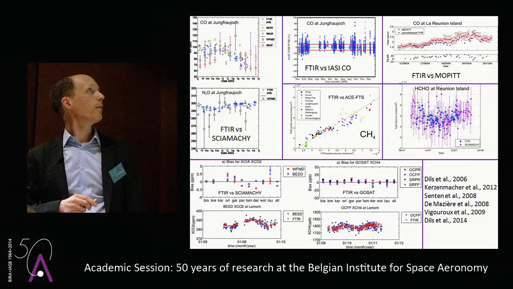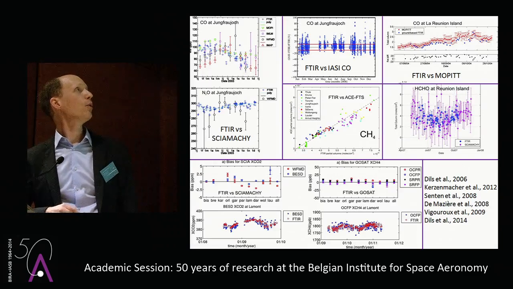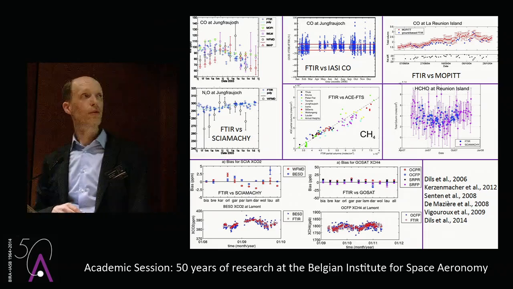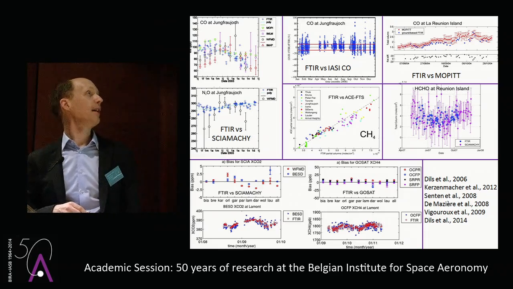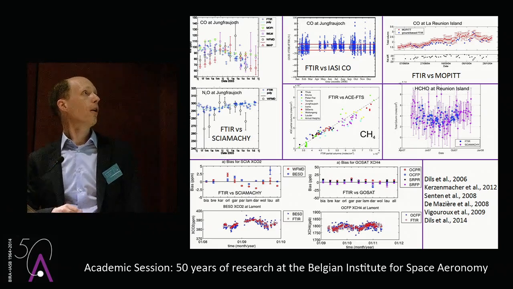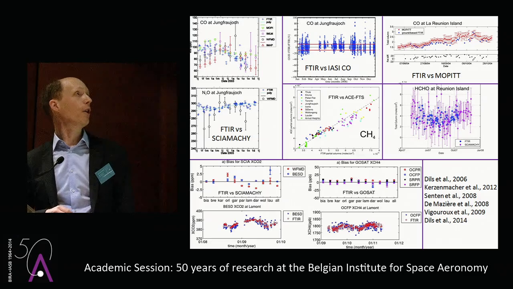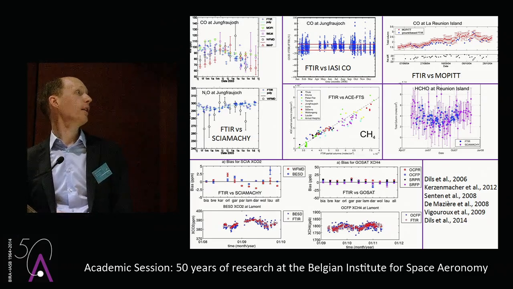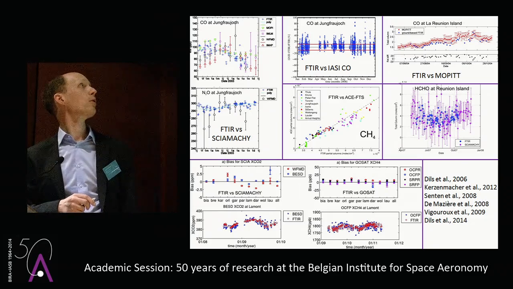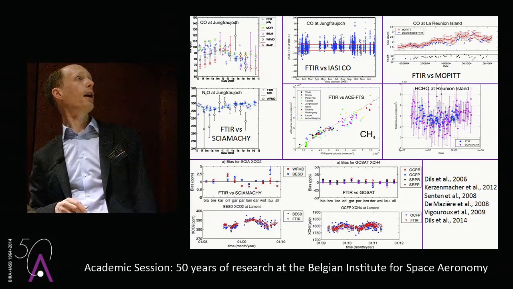The FTIR data have been used in a very large number of studies, and I cannot go into detail for all of those studies. Those are just examples of the kind of things which are done. So, as I said, it concerns greenhouse gases like CH4, also I think CO2 is here, but also compounds involved as ozone precursors like CO and formaldehyde.